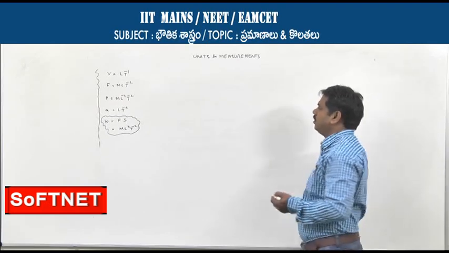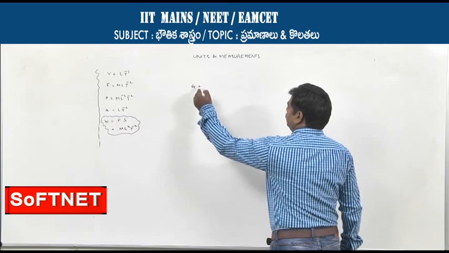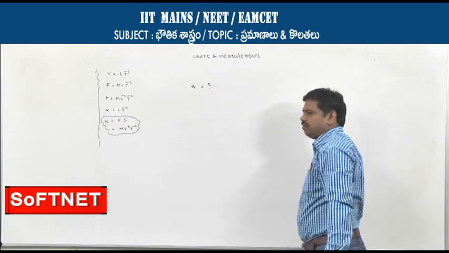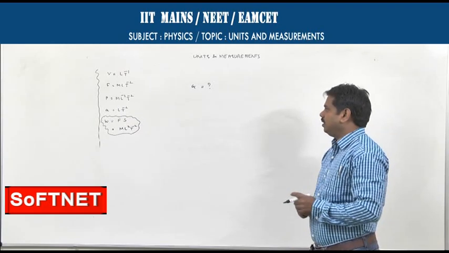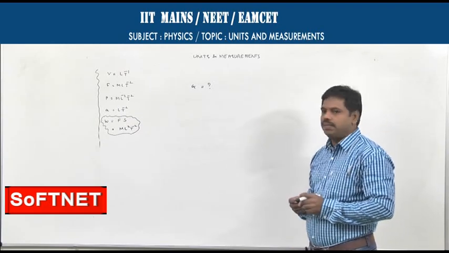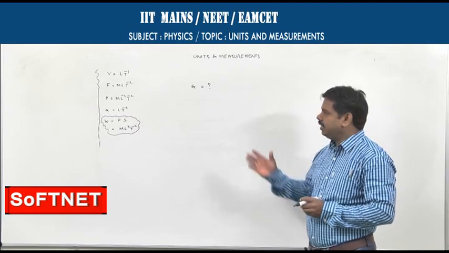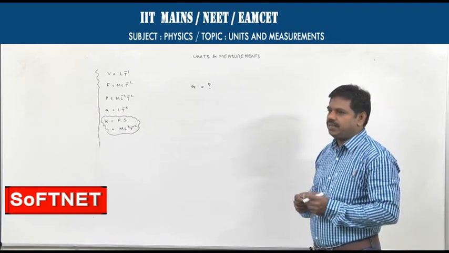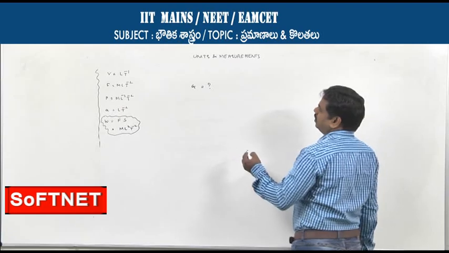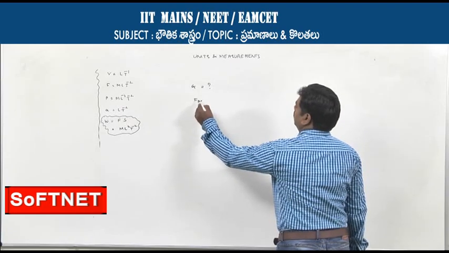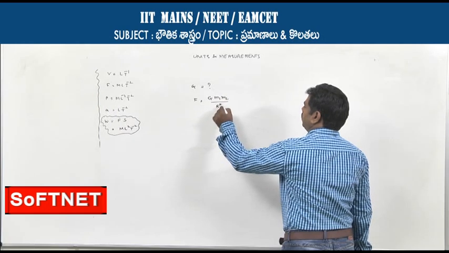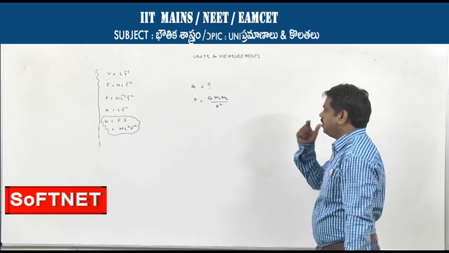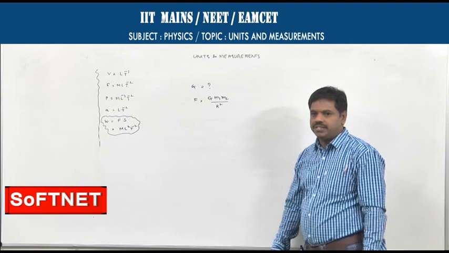Say for example, universal gravitational constant capital G, what is the dimensional formula for that one? At least we have to know the formula related to the universal gravitational constant, then easily we can derive the dimensional formula. How? I remember this formula, F = G m1 m2 / r^2, which is Newton's universal gravitational law.